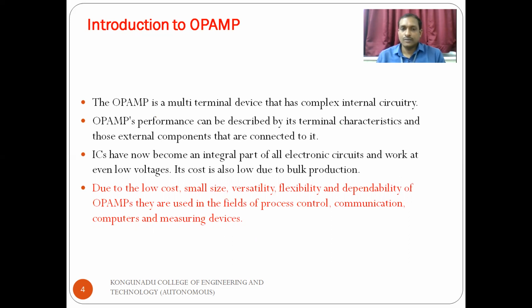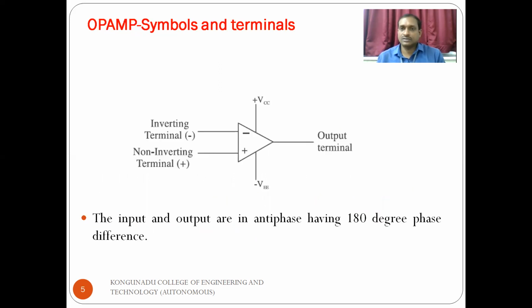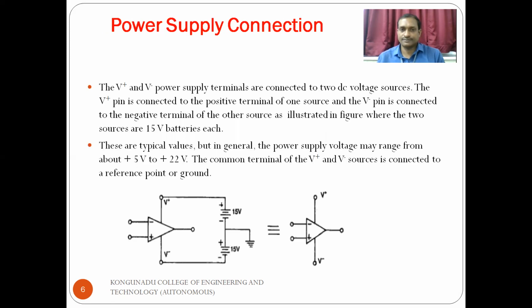It is used in process control, communication, computing, and measuring devices. These are the symbols of the operational amplifier: inverting and non-inverting terminals, plus VCC, minus VEE, and the output terminal. Inverting and non-inverting inputs have a 180 degree phase difference.